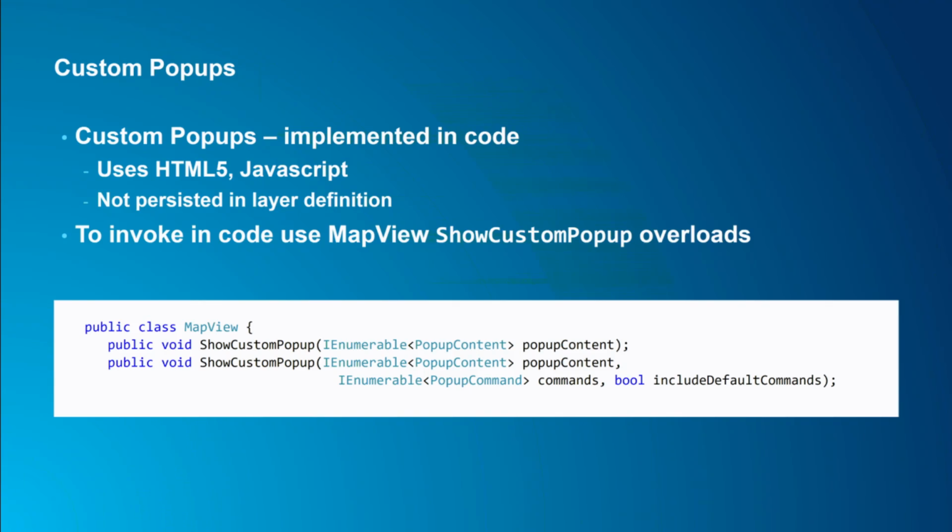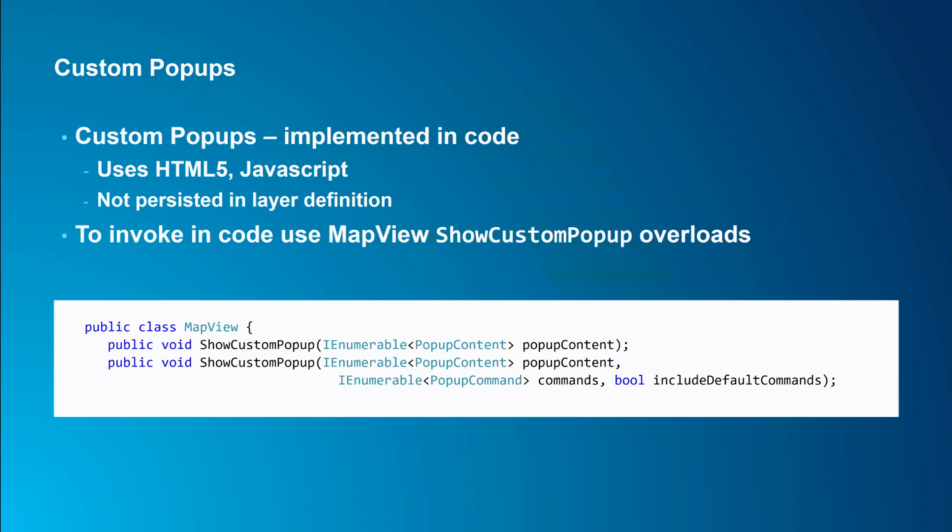And to invoke it in code, you have to use the map view's ShowCustomPopup overloads. So right here we have the map view overloads displayed. We have one overload with an enumerable, which is pretty much an enumerable list of pop-up content objects.